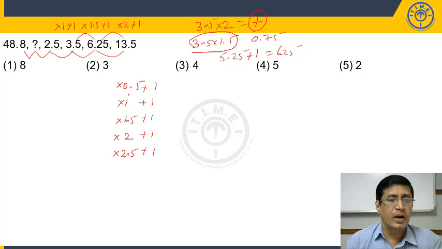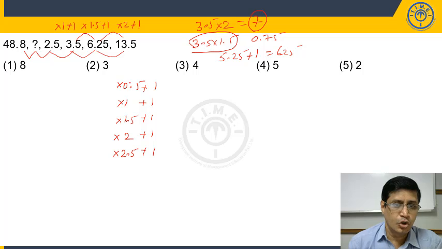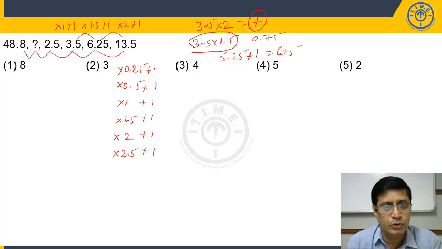Now what is the result here? Before this, what is the value? The 0.25. So 8 into 0.25 plus 1 into 0.5 plus 1 into 1 and so on.